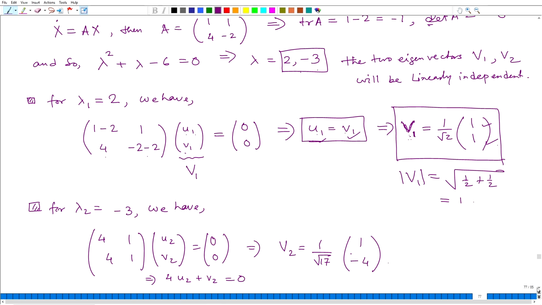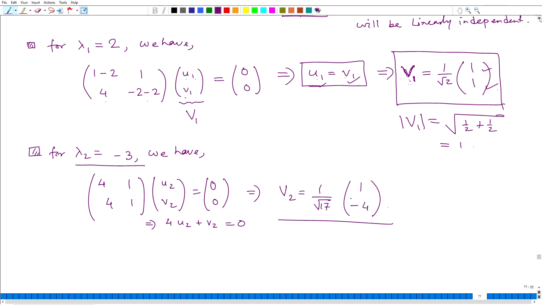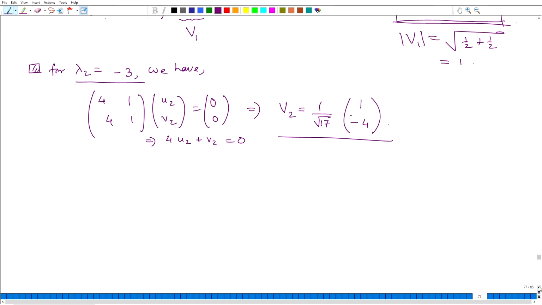So, if you have this information, lambda 2, V2 and also lambda 1, V1, then there is no problem, you can write the general solution for x.